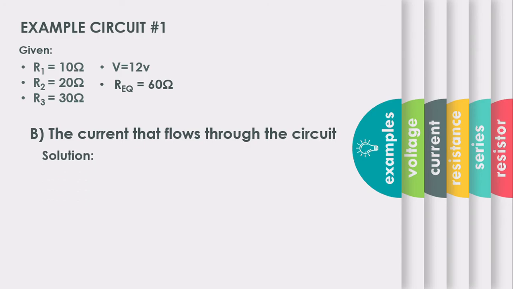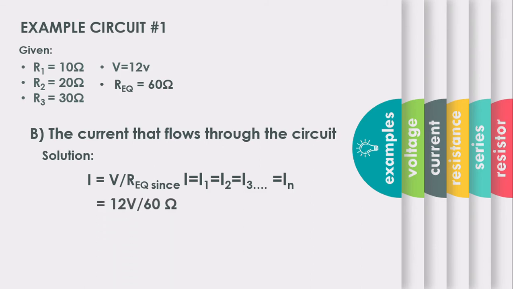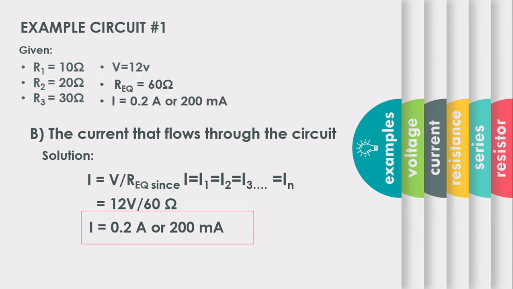Next is the current. Use again the formula. Substitute the given voltage and the equivalent resistance that we got and calculate it. Here is our final answer, which is 0.2 amperes or 200 milliamperes.